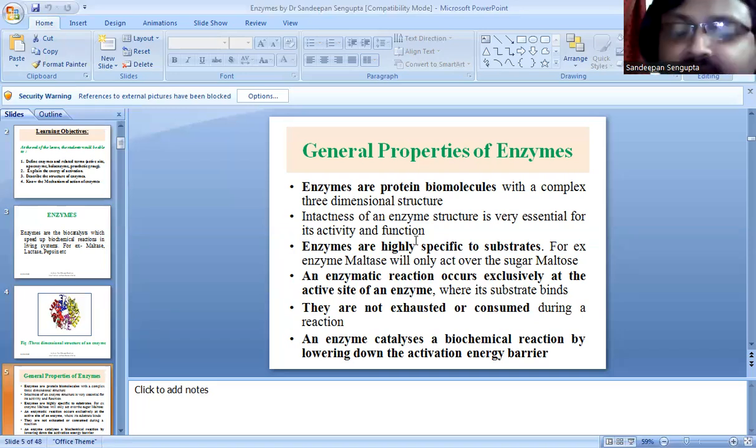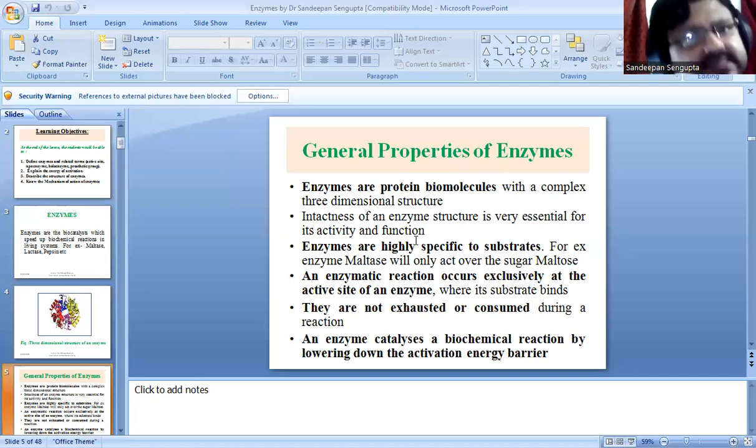Another very important property is how an enzyme works. Being very brief, an enzyme catalyzes a biochemical reaction by lowering the activation energy barrier to speed up the conversion of substrate into product.